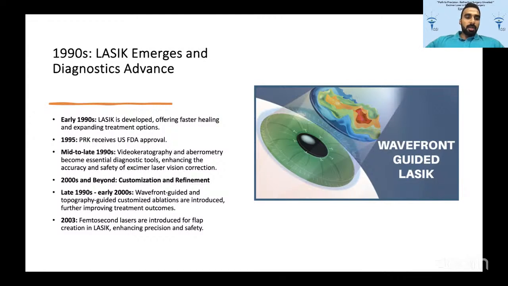From the mid-1990s to the late 2000s, customization and refinement of the Excimer laser really began. Video keratography and aberrometry became essential diagnostic tools to enhance the safety of Excimer laser vision correction. And now we have femtosecond lasers, which are used to create flaps and have given rise to fewer flap-related complications in LASIK.